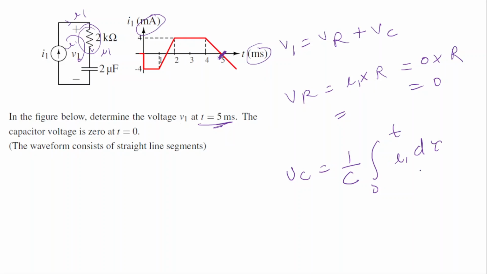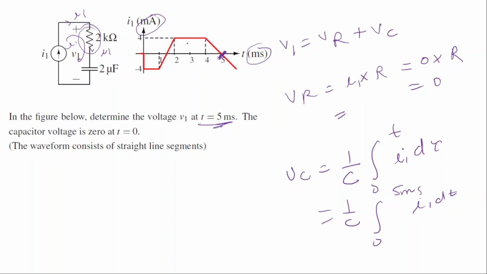You can say tau or t, anything. So t is 5 millisecond. Similar to our previous case, we need to integrate 1 by C integral 0 to 5 millisecond of I1 dt, right? So now we need to calculate the whole area.